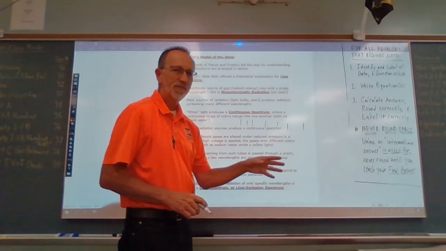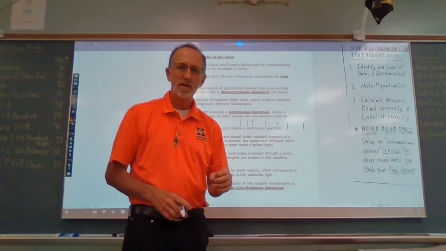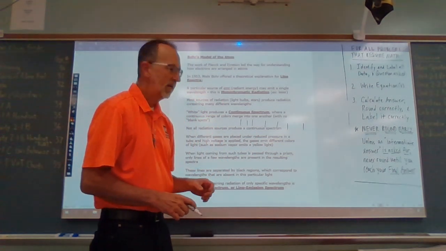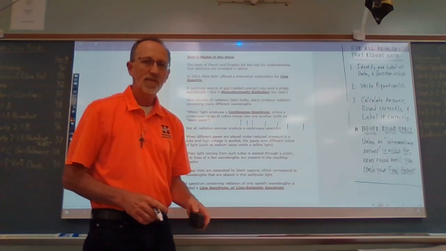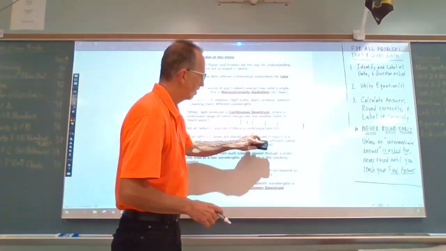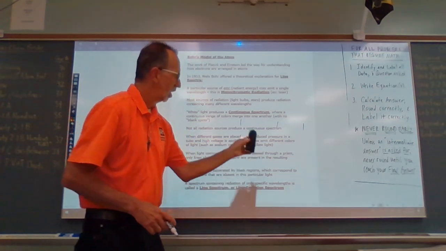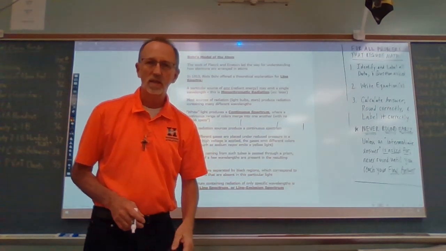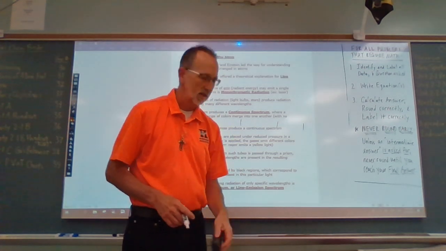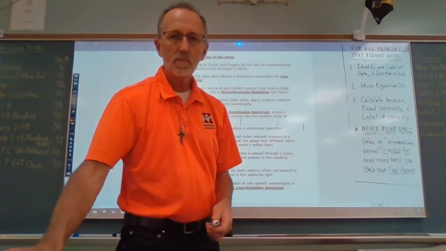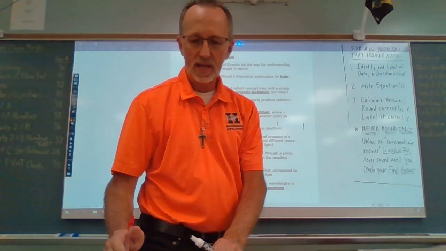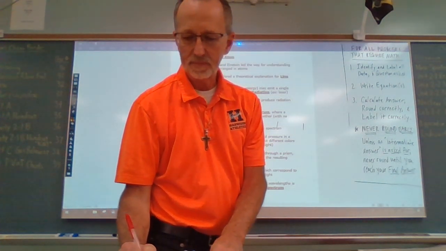So if the yellow light that we see from a parking lot light only gives off, let's say, 3 bands of light, then all this in between is dark. All right, all this in between is dark. And so that's what he's talking about in a line emission spectrum.